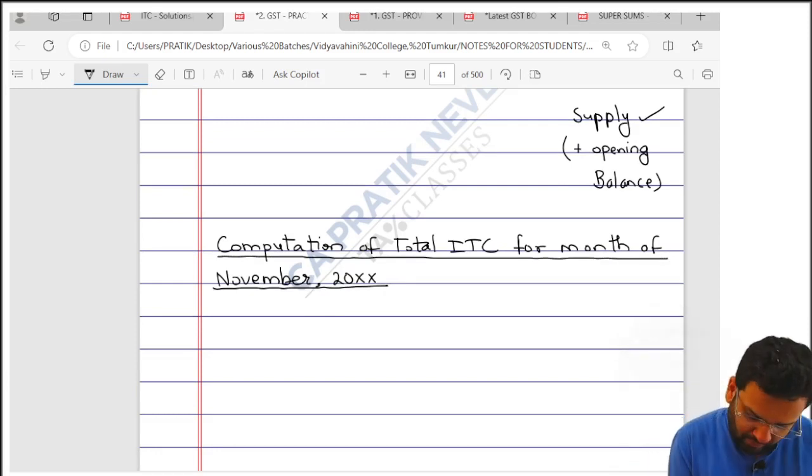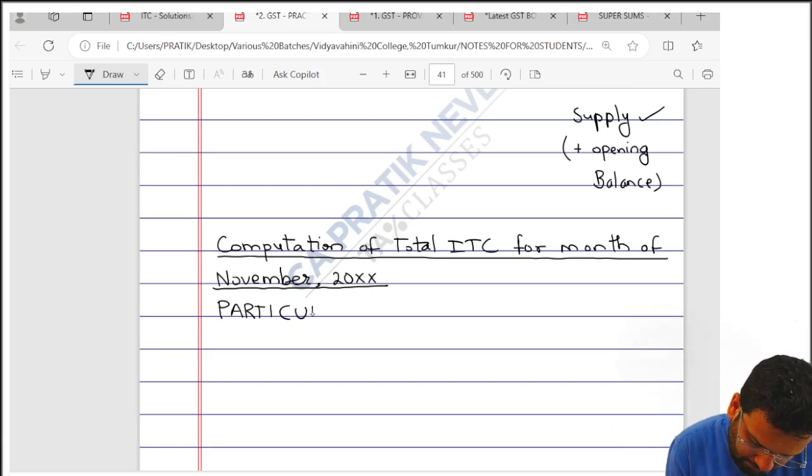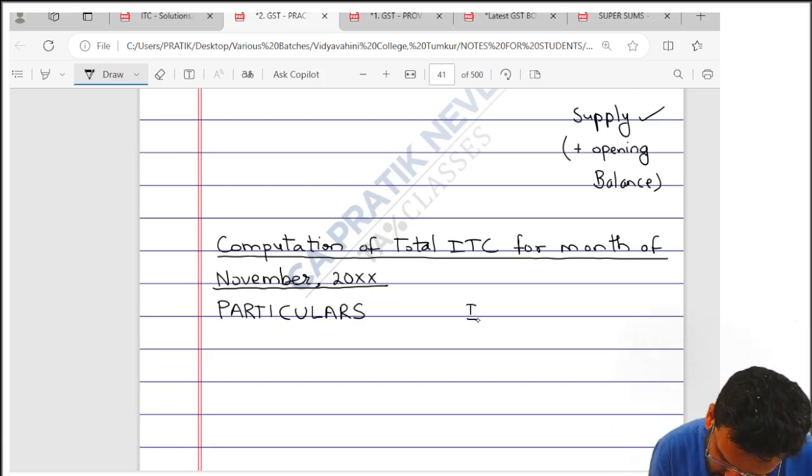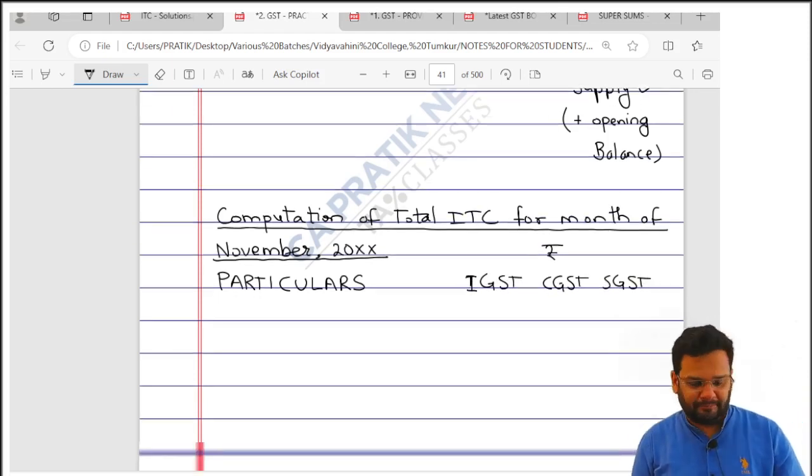Particulars: IGST, CGST, SGST. All figures in rupees.